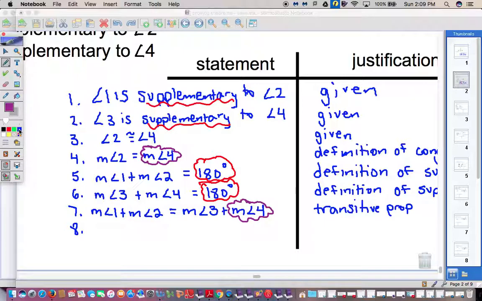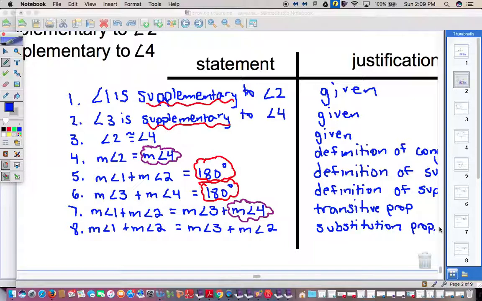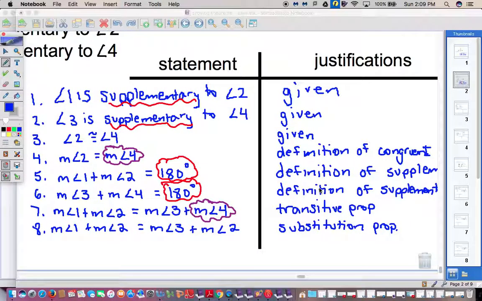So we'll have the measure of angle 1 plus the measure of angle 2 is equal to the measure of angle 3 plus the measure of angle 2. This is by substitution. This cannot be by transitive because we're not replacing the entire side, we're just replacing a part. The steps that we're using here are steps 4 and 7.